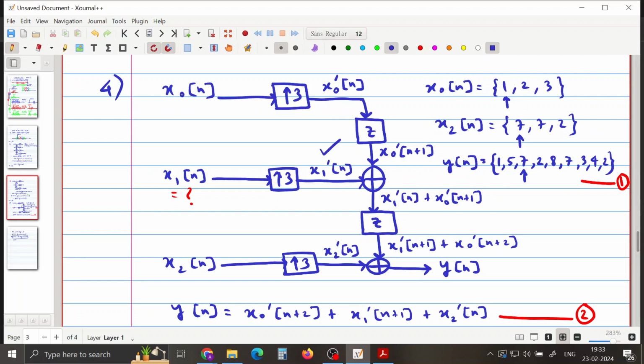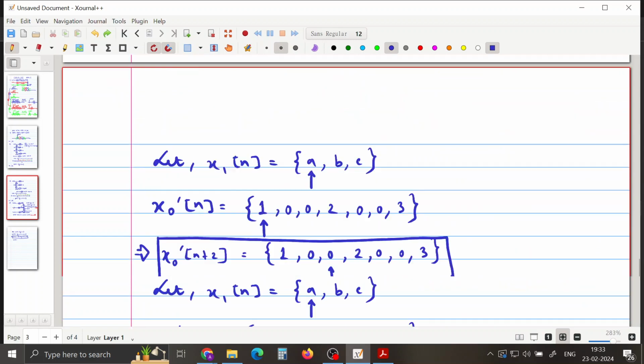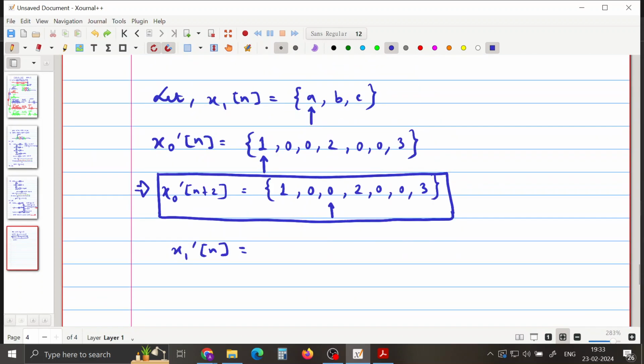So which is basically x1 of n passing through an upsampler of factor 3, right? Again, we'll use the same concept. We'll introduce two zeros between every two samples to get x1 prime of n. So this would be nothing but the same ABC, it remains, but between every two samples we'll have two zeros.